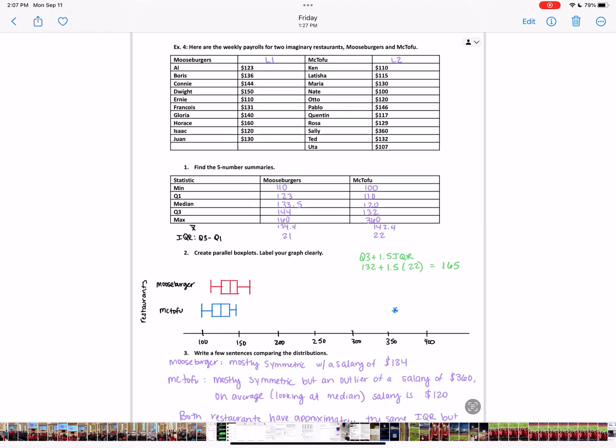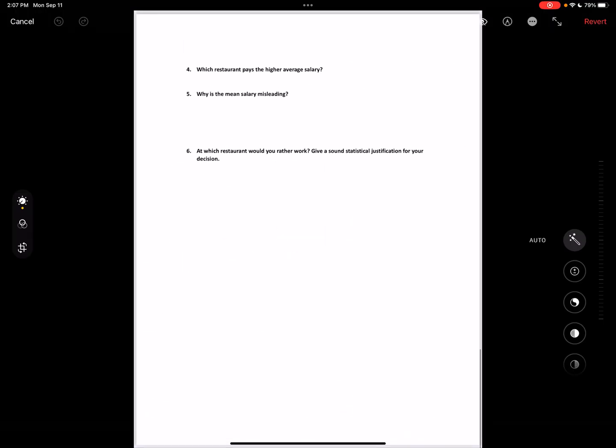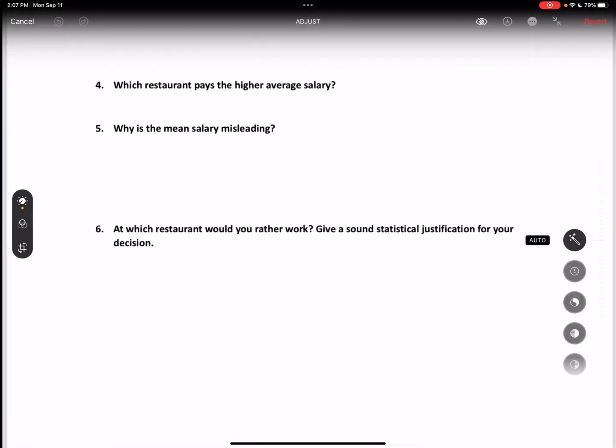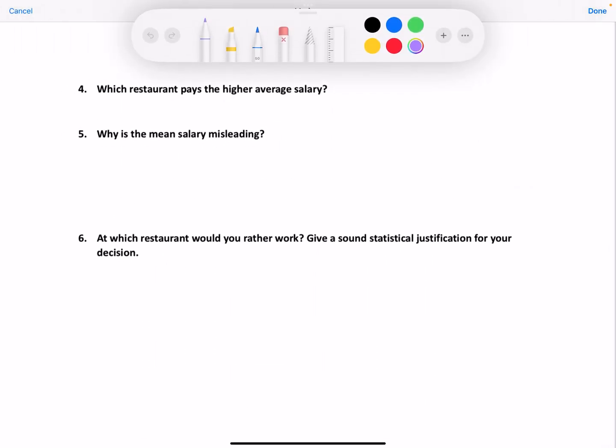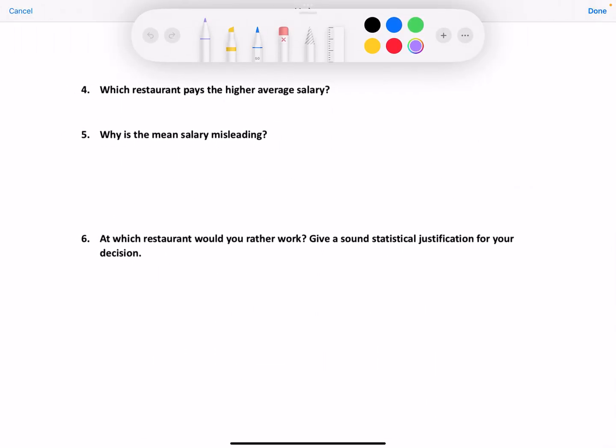The next one. Which restaurant pays the higher average salary? Now, we technically didn't answer that question. We didn't? Higher average salary.